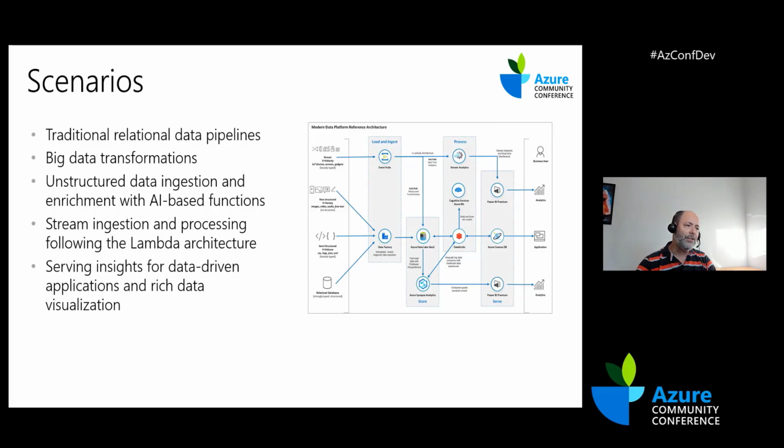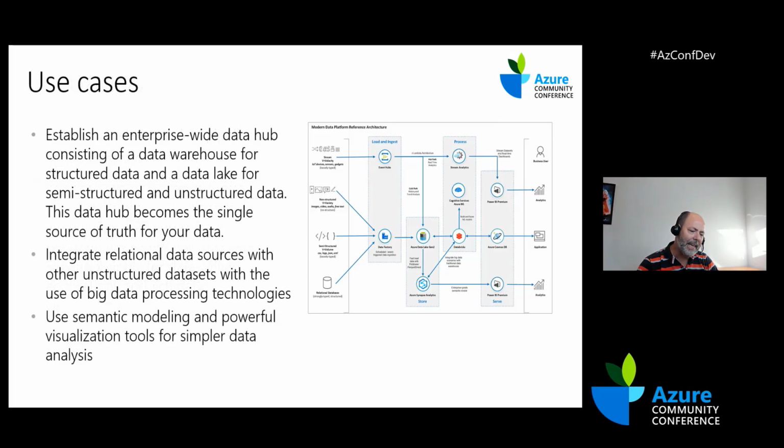And also serving insight into data-driven applications to enrich visualization. All this part that we make, working with Power BI Premium. And then when we dig into use cases, right, we can go farther and consider an enterprise-wide data warehouse to produce and enrich and also process data for our project.